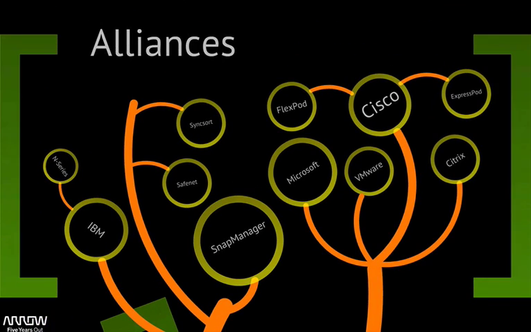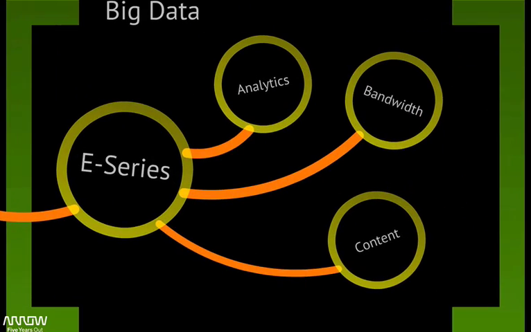So those are the alliances, and finally we move on to big data. Big data is quite new from a NetApp product portfolio point of view, and this is basically the E-Series platform, which is now rebranded E-Series. It used to be called Ngenio. So NetApp see the big data marketplace split into three areas, the ABCs, basically analytics, bandwidth, and content.